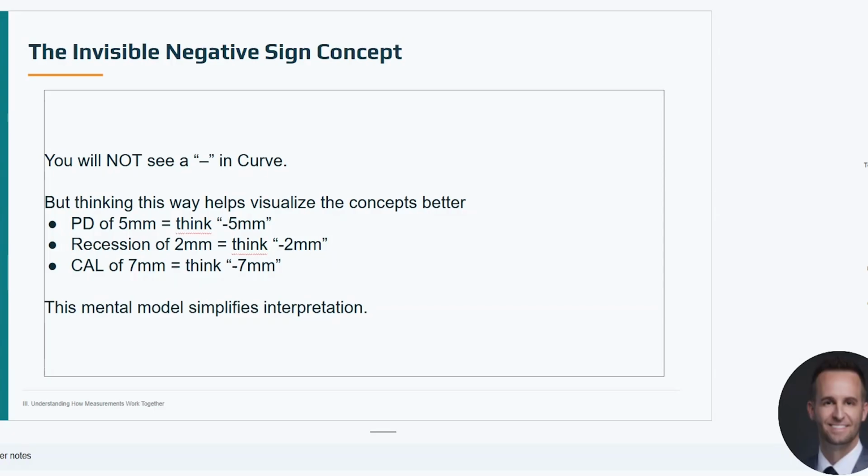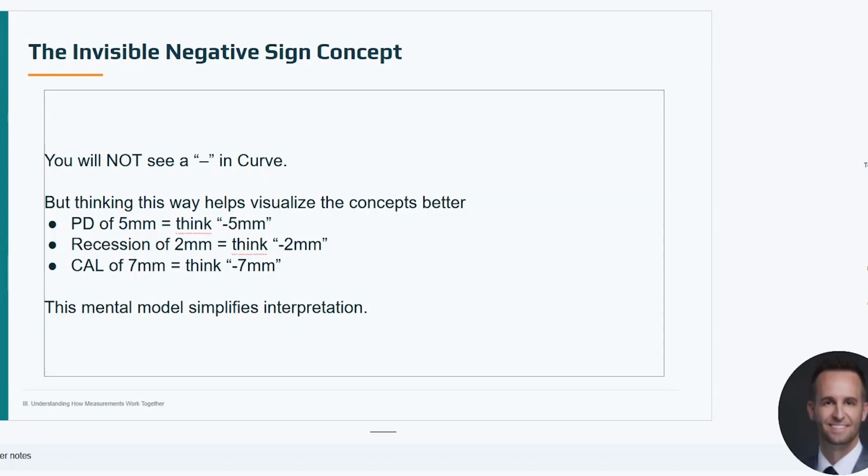But in your mind, I want you to think this is actually -5, because it's negative direction going down that y-axis underneath the x-axis, and -5 millimeters. A recession of 2 millimeters, I want you to think it's actually a -2. Clinical attachment level of 7 millimeters, I want you to think it's actually -7.